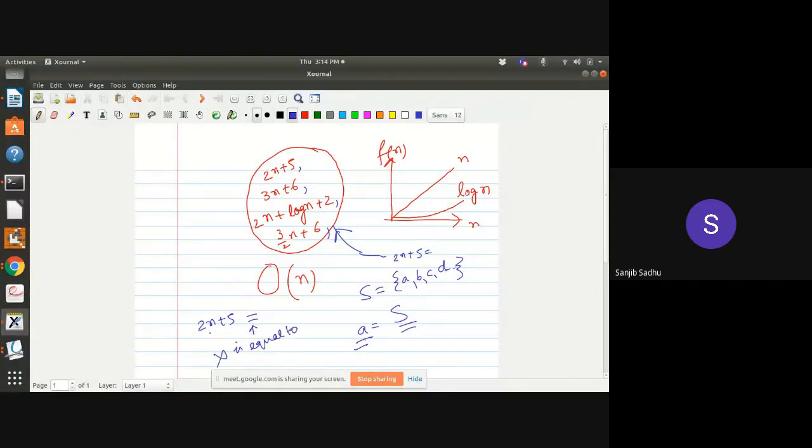You should read that 2n plus 5 belongs to big O of n, or 2n plus 5 is big O of n. But don't say is equal to. Although we are writing like this, don't say it like this. In some books also you can see it written like this, big O of n. Is it clear now?